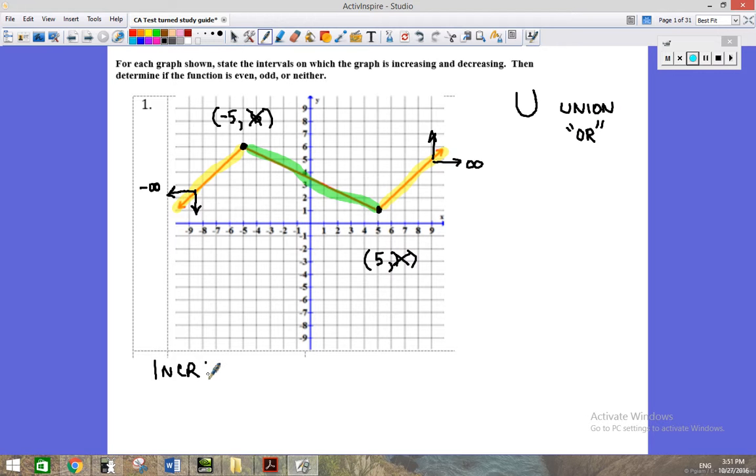All right, so let's write down using interval notation where this function is increasing. As I come in, moving from left to right, as I come in from the left, that's negative infinity. And I'm increasing, and I continue to increase until I hit this point at negative 5.